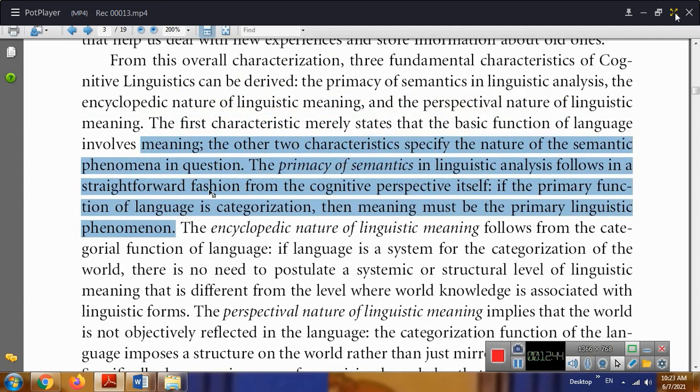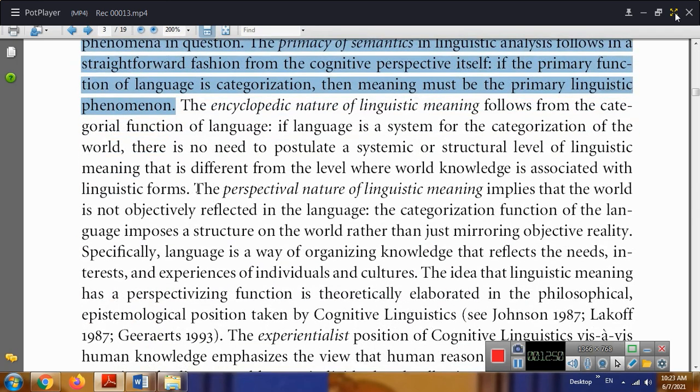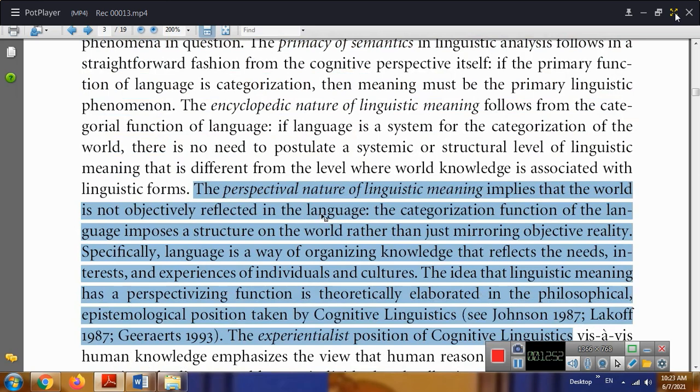You should know these three characteristics of cognitive linguistics. The perspectival nature of linguistic meaning implies that the world is not objectively reflected in language. The categorization function of language imposes a structure on the world rather than just mirroring objective reality.